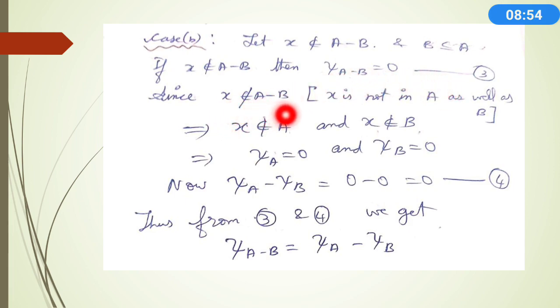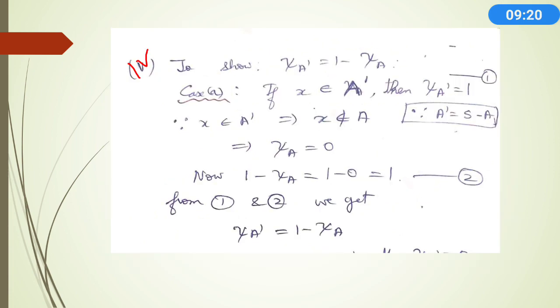Since x doesn't belong to A minus B, x is not in A as well as it is not in B. So x not in A means characteristic function value will be 0, x not in B means again the value is 0. So psi A minus psi B will be 0 again. Now from third and fourth equation we got the result: psi A minus B will be psi A minus psi B. We'll move on to the next one.